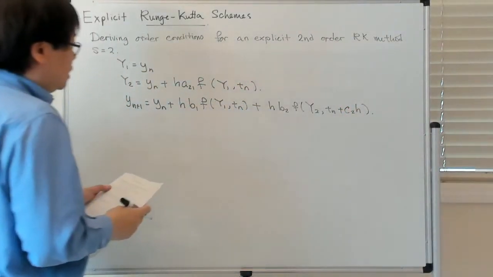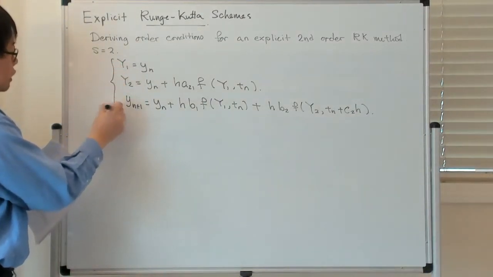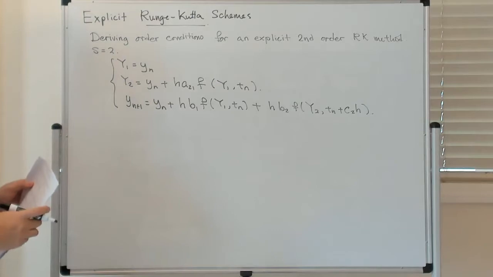So this is the general form, if you will, of a two-stage explicit Runge-Kutta method.